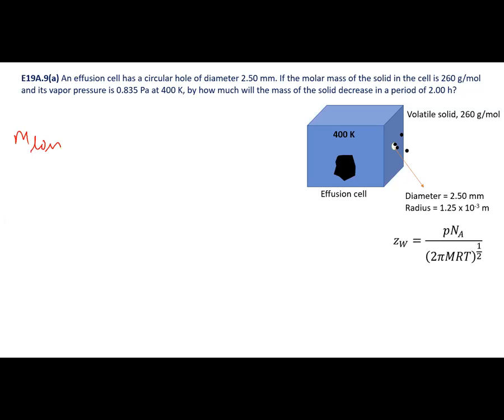Obviously it depends on the flux, or the movement of the molecules out of this hole, which depends on how many molecules from inside the container are going through this hole. It's basically nothing but the collision flux over the wall, which is Z sub W. But we need to restrict that to the area of the hole, the area A, and the time we want to calculate this problem for.